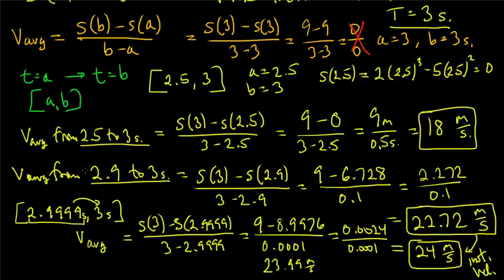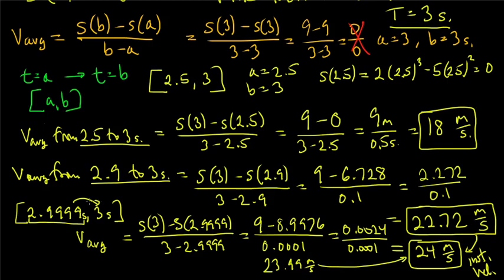A limit is what happens when you're getting closer and closer to something, but without actually necessarily getting there. Now, in this case, we actually got there, right? But that was because of round-off error. Right? If I did this correctly, I would have gotten something like 23.999 meters per second. But you can see that's very close to the instantaneous velocity, which turns out to be 24 meters per second.